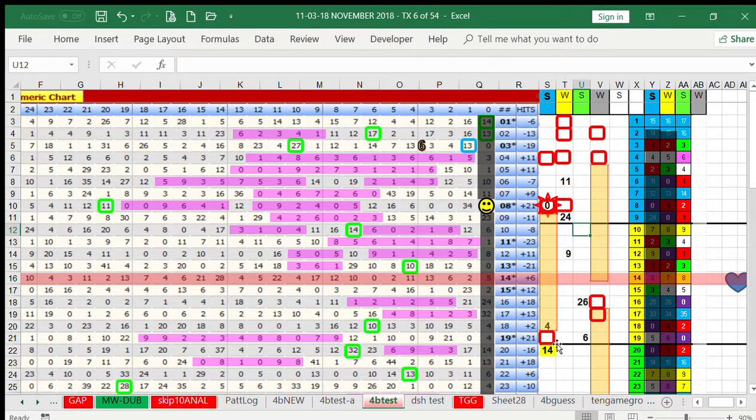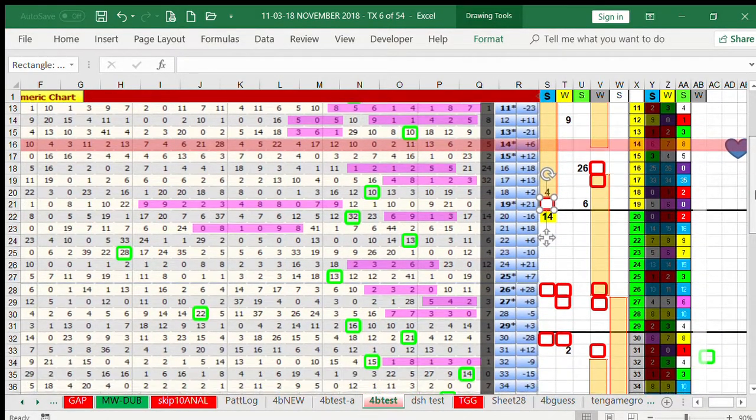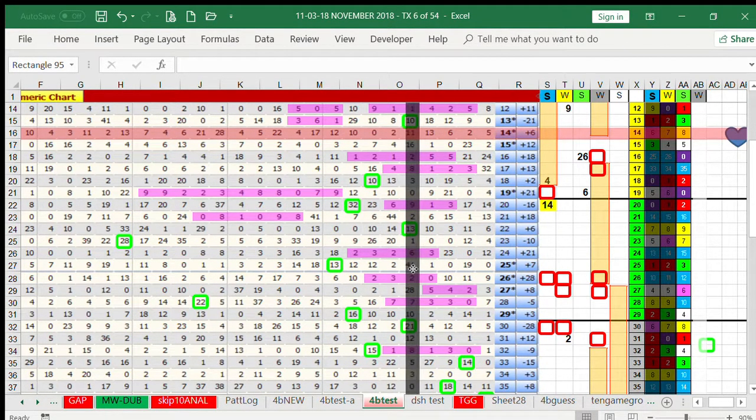And then I continued from this 19. Now, going down to the 19, I picked, this is a gap 6, and I picked the 26. And I believe because it was a triple bottom, right? You had the skip pattern of 10, 11, 9.